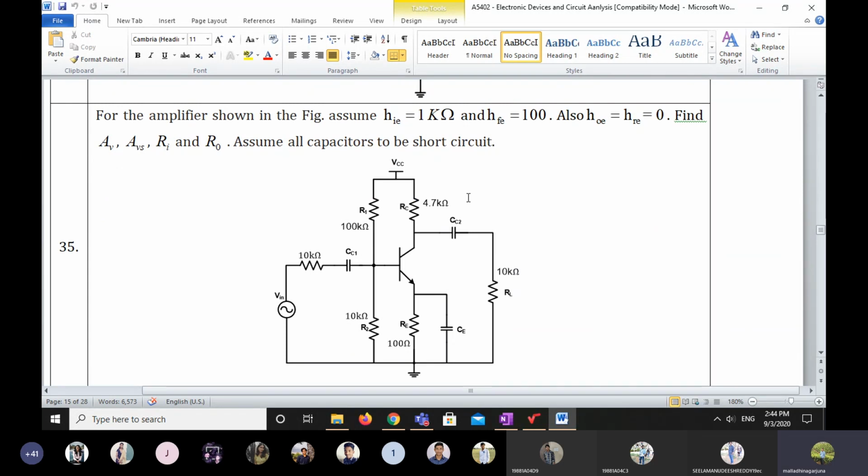Okay, so note down this, but just to change the question, like for the amplifier shown in the figure. Don't note down the statement about assuming HIE, HFE, HOE. For the amplifier shown in the figure, find AV, AVS, RI, R0. Assume all capacitors to be short circuited.